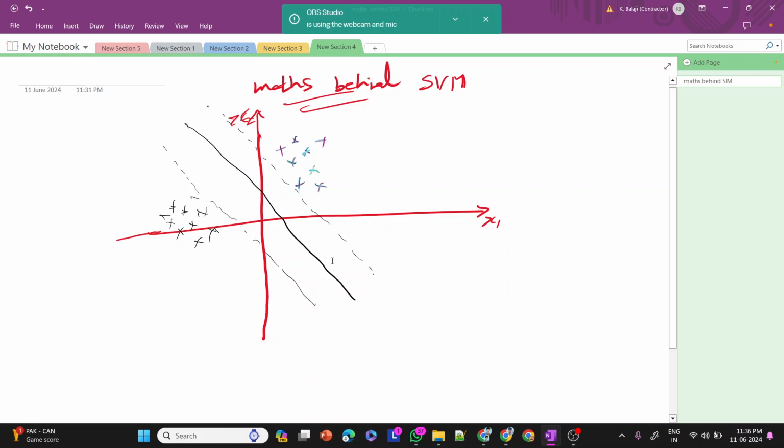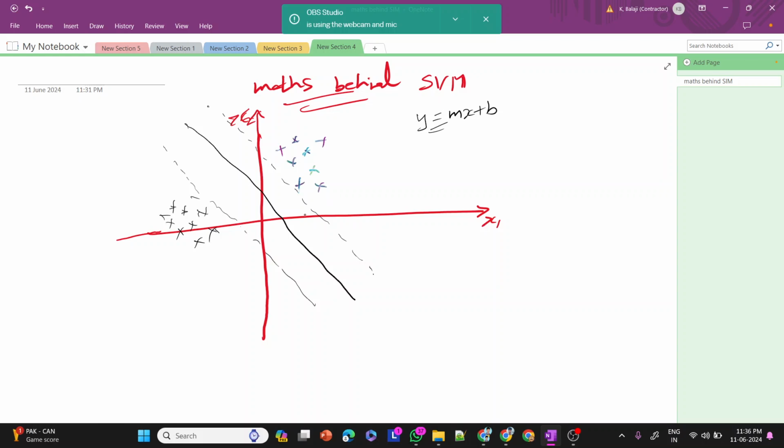For a hyperplane, in mathematics we have a linear formula called y equal to mx plus b. This means that this is the equation of a line.